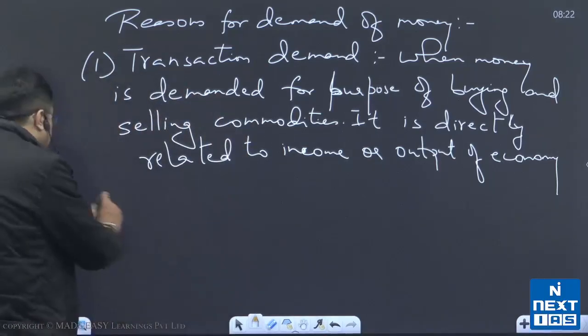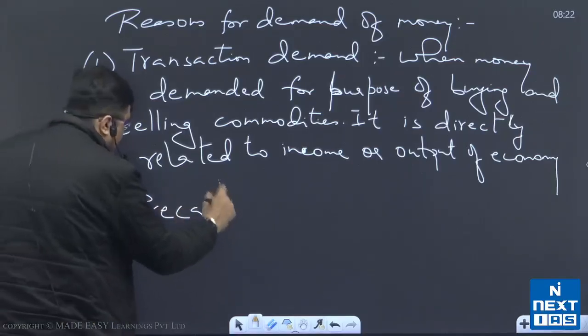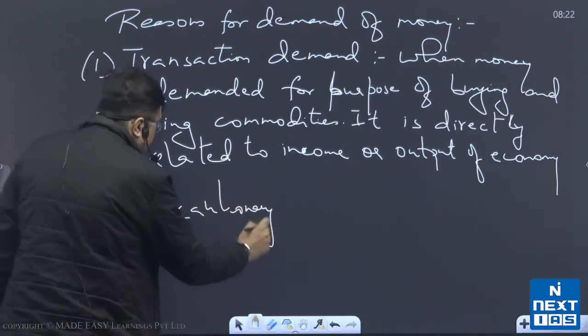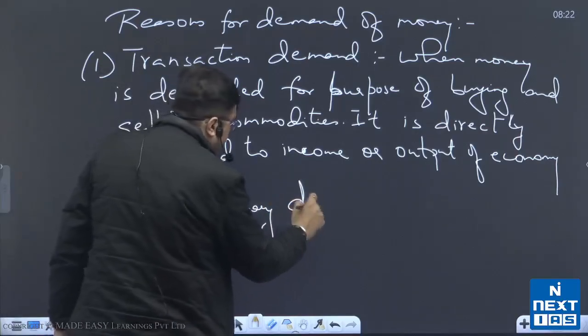Then there is another purpose for which money can be demanded. It's called precautionary demand.